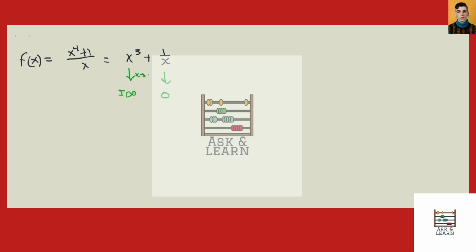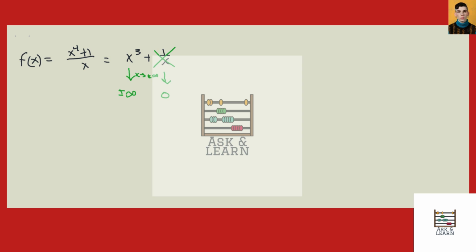So essentially, for very large values, this 1 over x doesn't really matter, and this x cubed is the thing that truly matters.